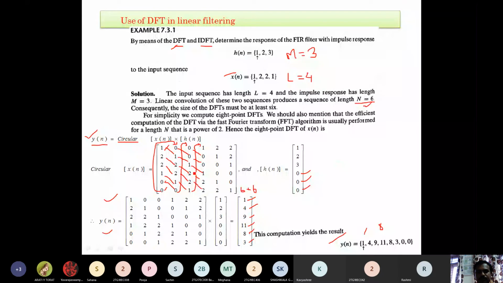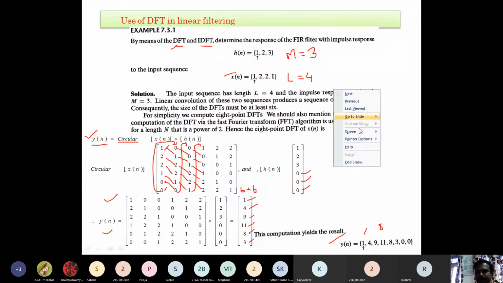So may I go over this once again? Is there any doubt in how to create a circularly shifted x of n? There is a small confusion here.